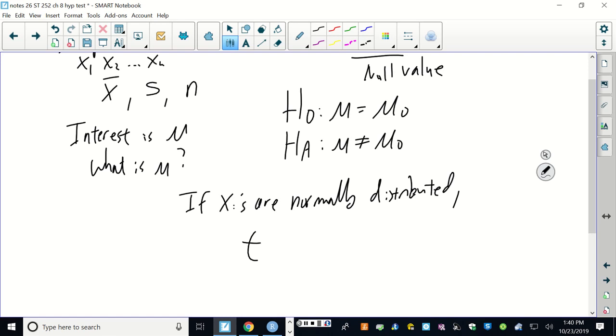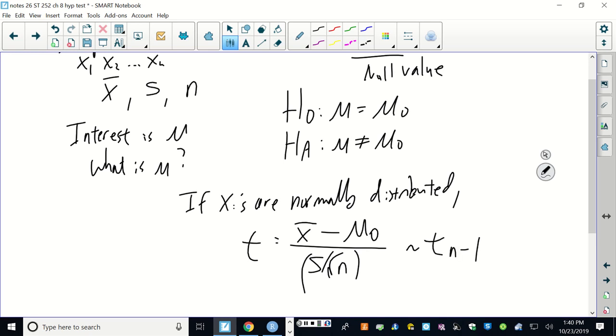Then taking the average, comparing the average to this null value, and dividing by the standard error, s over the square root of n, that thing, in repeated sampling, should have a t-distribution with n-1 degrees of freedom. So we can compute this test statistic. That's our test statistic here.